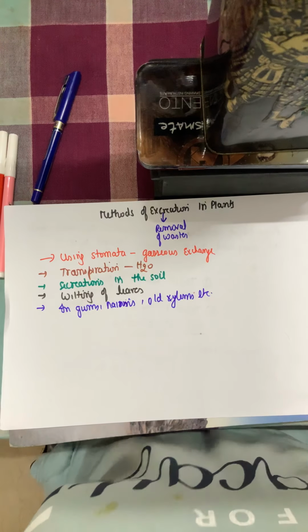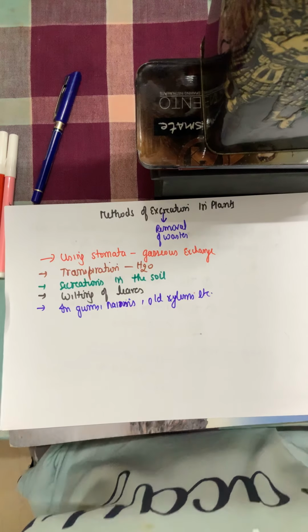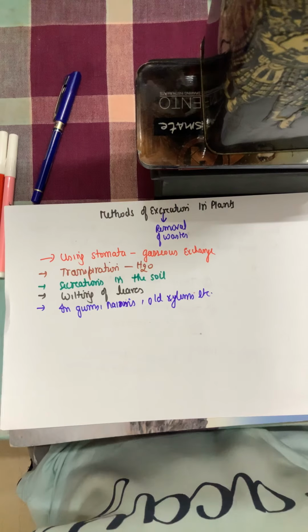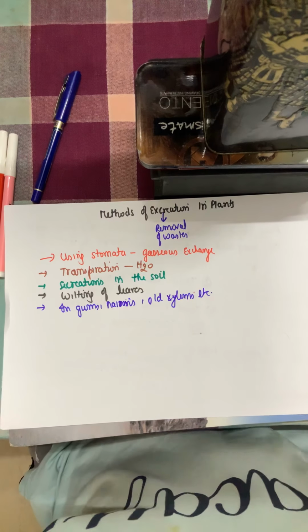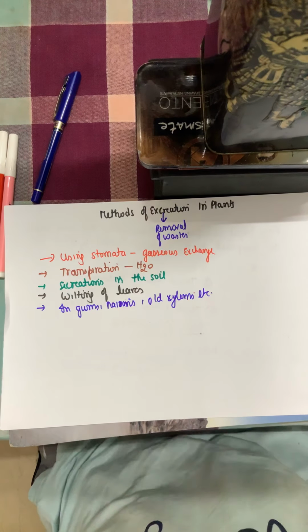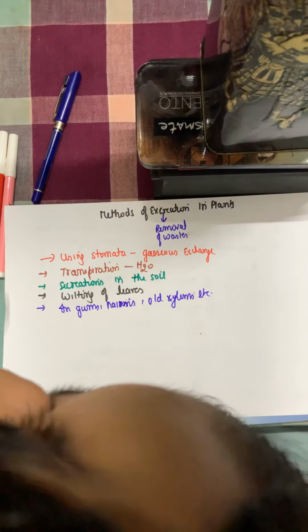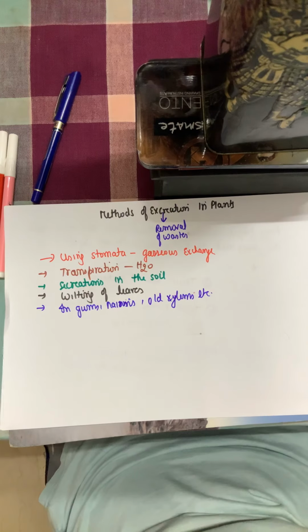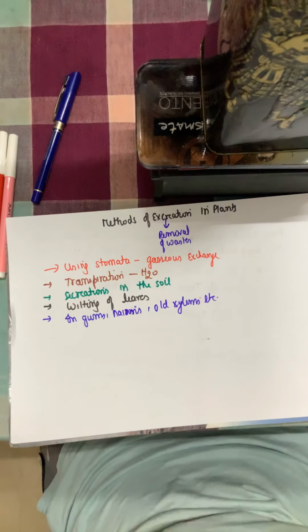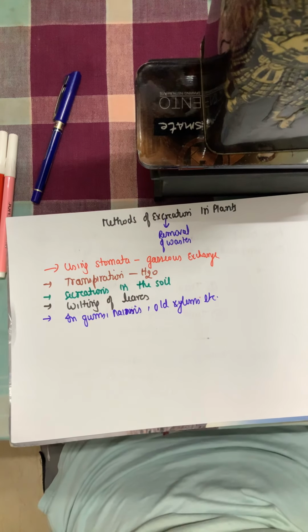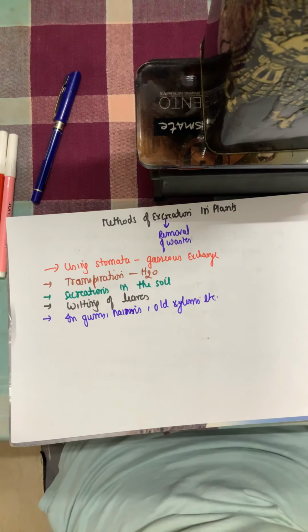And from that also they will excrete these products. These old parts which are of no use will store the product. So the plant is safe and it's prevented from any harm by these products. Fine. So these were some of the excretory methods in plants. There are many more methods as well, but these are the basic methods through which the plant will eliminate its waste components which are toxic to it and also harm it in many ways.